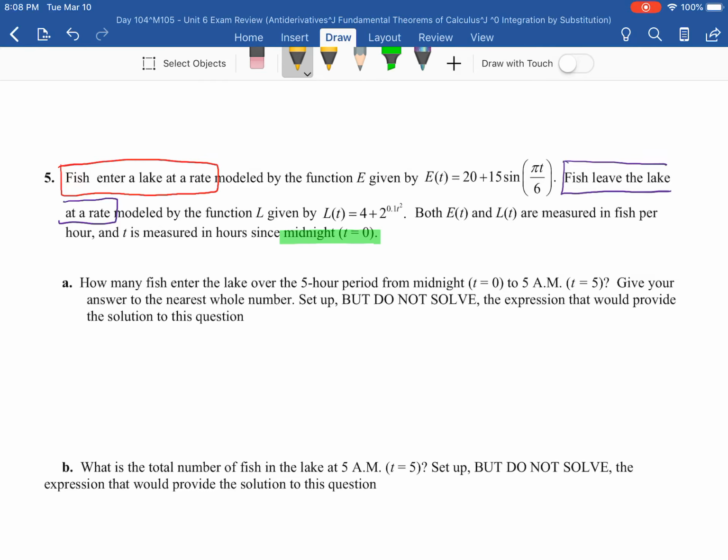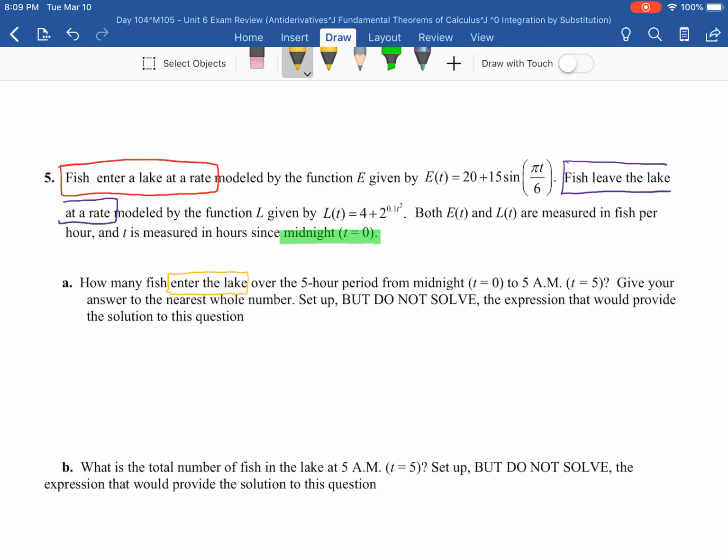So we're asked how many fish enter the lake. So keyword here is enter. So enter the lake. Well, we're given two functions in number 5, E and L. Now, E of t, we're told, is a rate for how fish enter the lake. So we should probably focus on that.